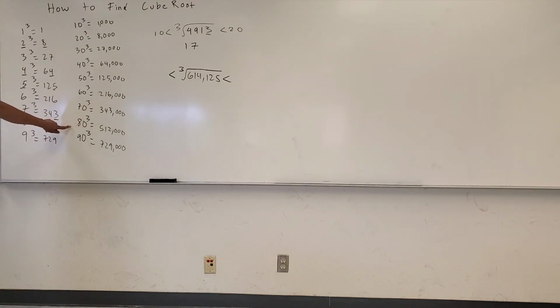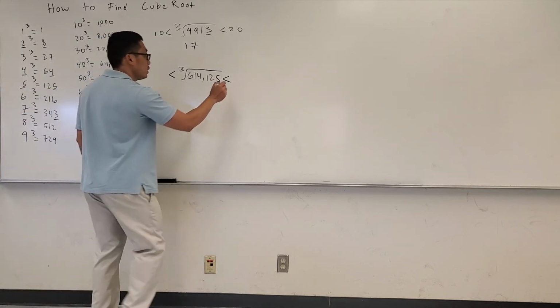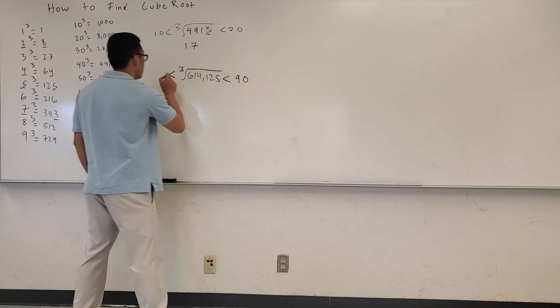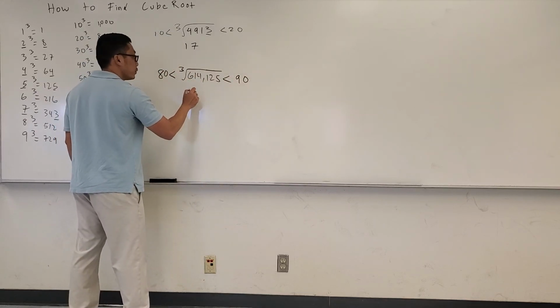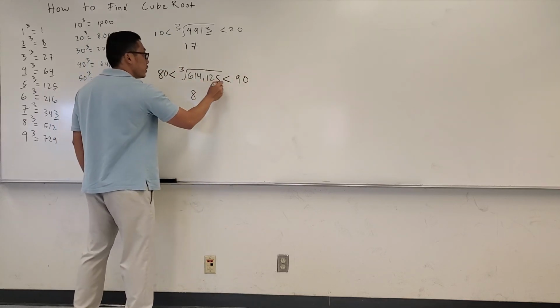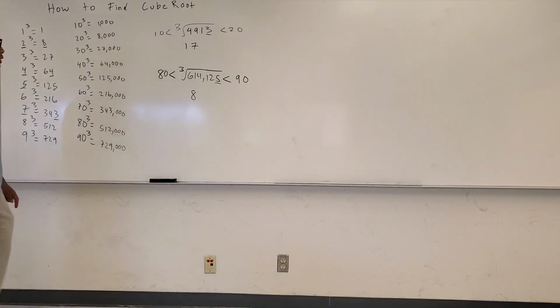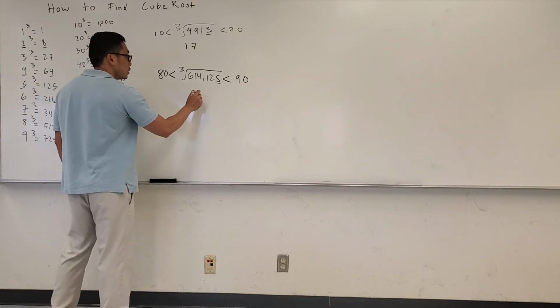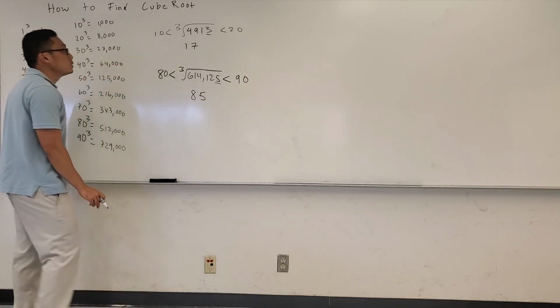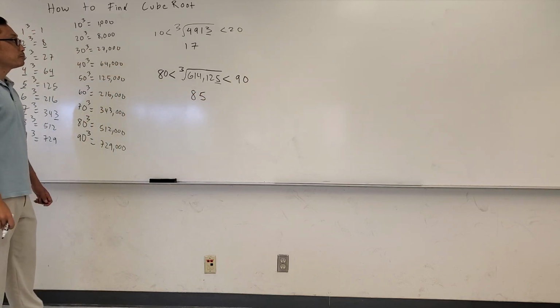Looking at this, I see it's between 729,000 and 512,000, and the cube root of that is 90 and 80. So I know its first digit is 8, now I gotta look at the 5. What number ends in a 5 that I cube? It's 5, right? So it's 85. And that's it. That's how you do it.